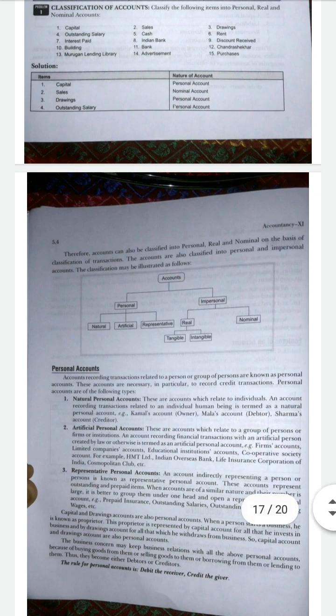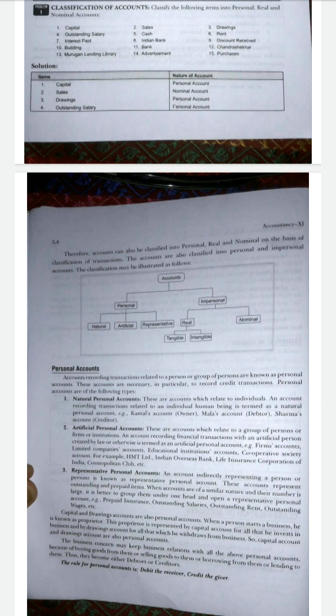See the second one, artificial personal account. Some examples are given: firm account, limited companies account, educational institution accounts, cooperative society account, Indian Overseas Bank, Life Insurance Corporation, like that. So all the banks and financial institutions come under artificial personal, because they carry out financial activities on behalf of persons, that is, depositing.